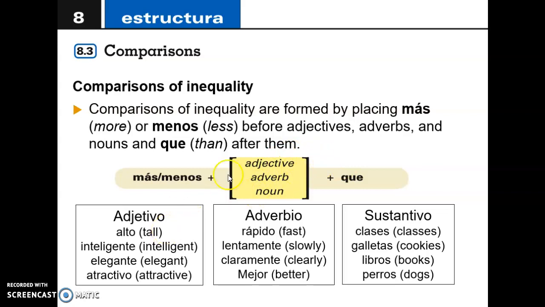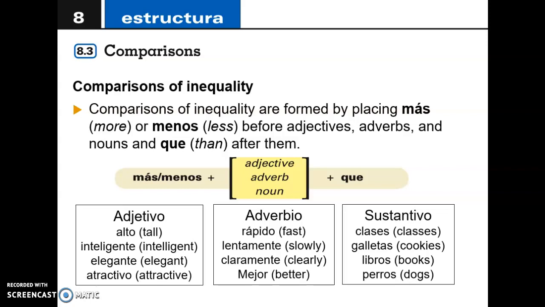Adjectives, just to recap, adjectives modify or describe or provide a characteristic of a noun. Adverbs provide a characteristic or describe a verb or the way that an action is done. And finally, nouns are all things that we know that are items. They are not actions, they are items.